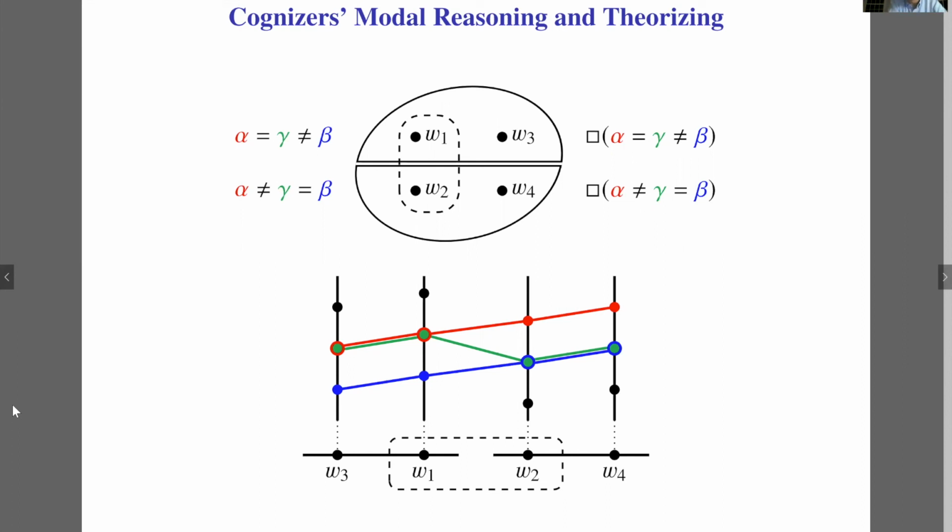In the bottom partition here, green is identical to blue and red is not identical to them. And then across these partitions, the ignorance of the cognizer is expressed by this picture: the cognizer doesn't know whether the actual world is W1 or the actual world is W2. So she cannot know whether this is the case or this is the case.